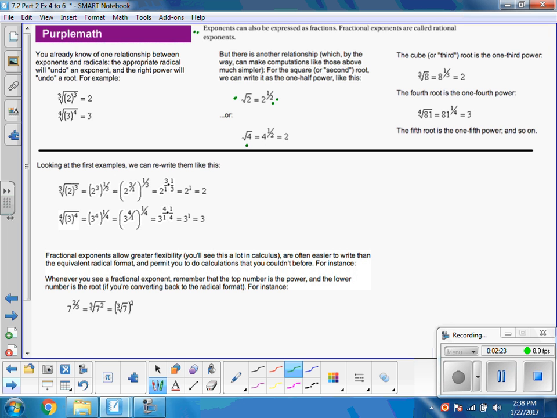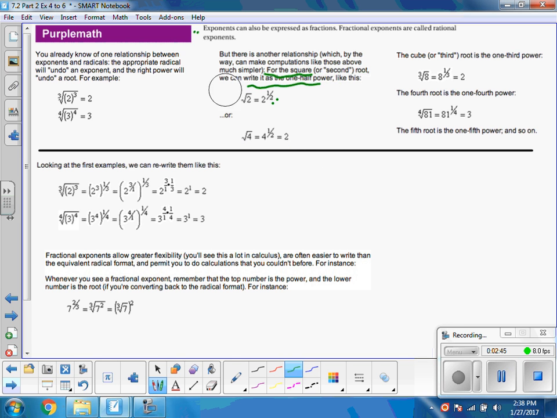The square root of 4 is equal to 4 to the half power, which equals 2. Huh. That's interesting. So for the square, or second root, we can write it as the half power. That's what's really happening here. The square root is the half power.